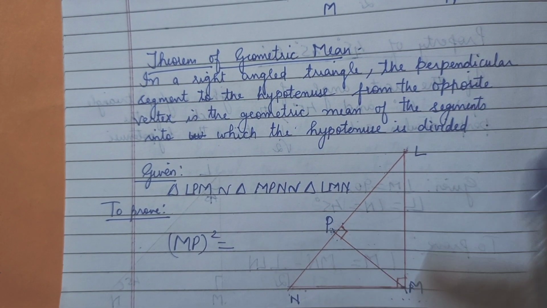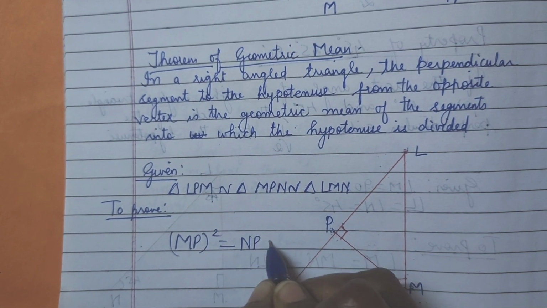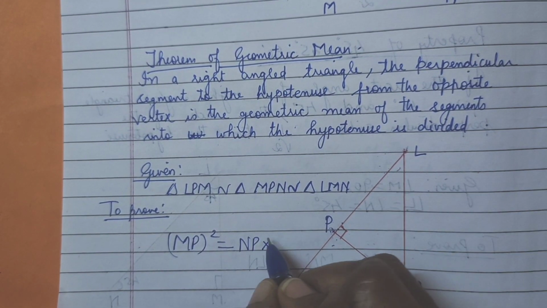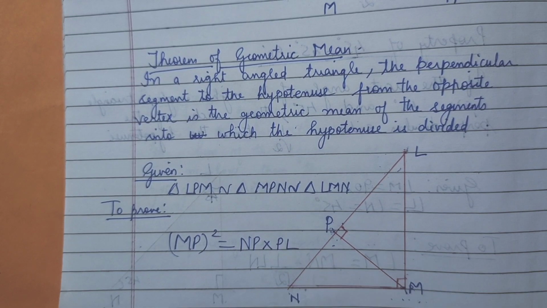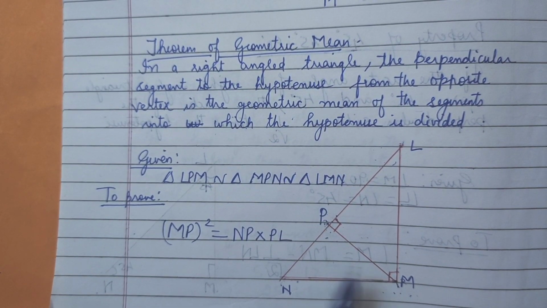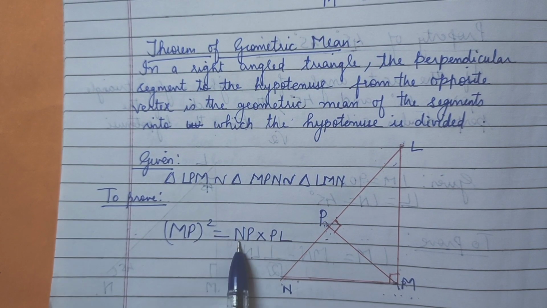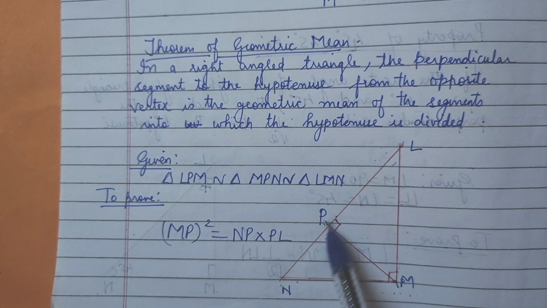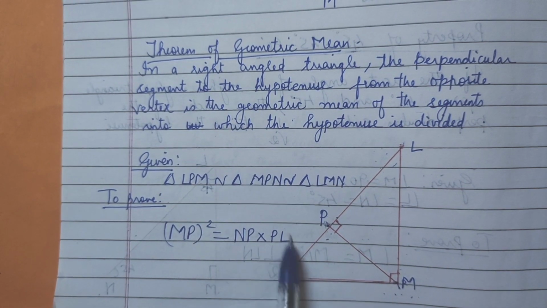NP and PL. That means NP into PL, or LP. Understood? I repeat again. This is said to be a geometric mean. MP, the square of the geometric mean, is equal to NP into PL. So we derive this one.